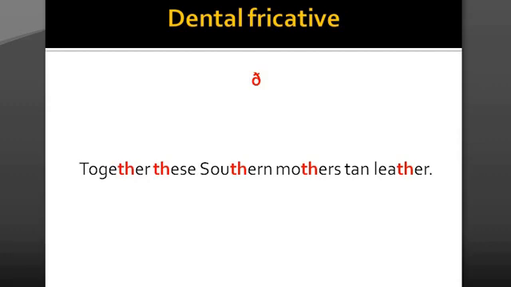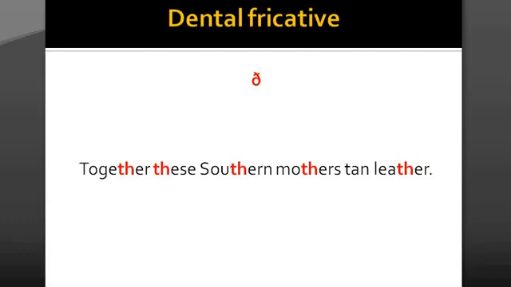Yeah, so the word southern, sometimes I hear students say southern with a t sound. So this th sound is different from the t sound. With this one, remember to keep the tip of your tongue between your teeth.